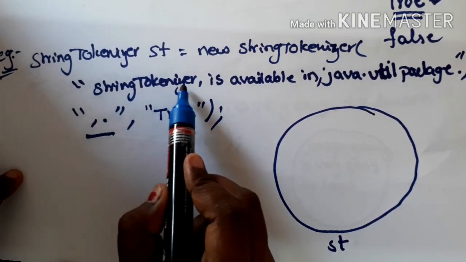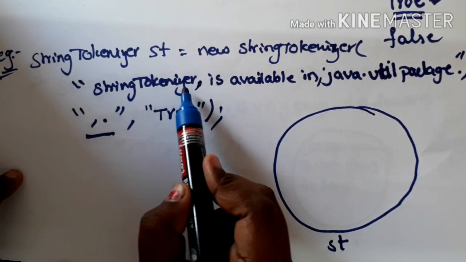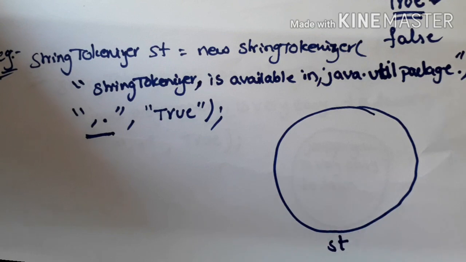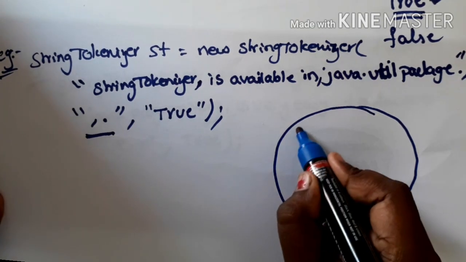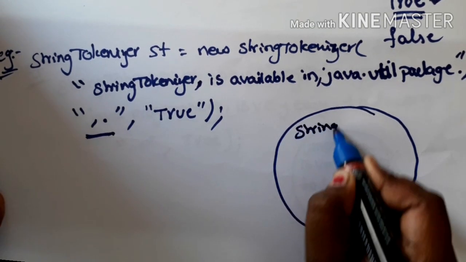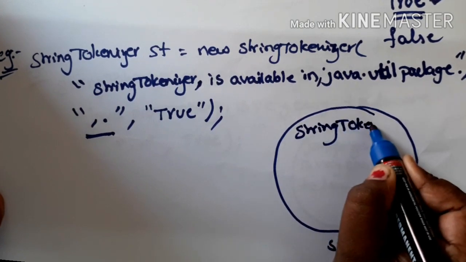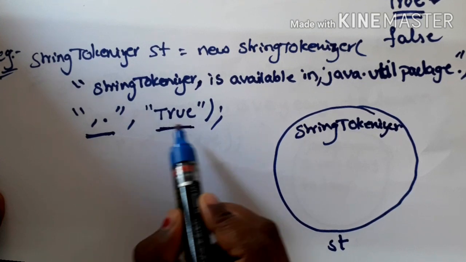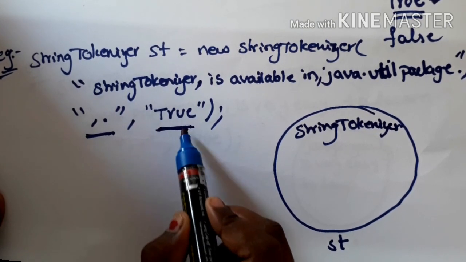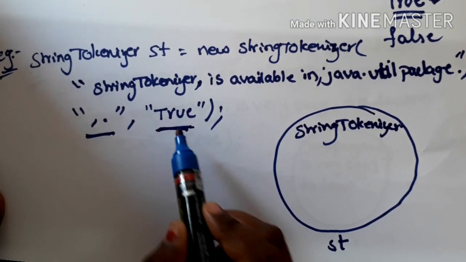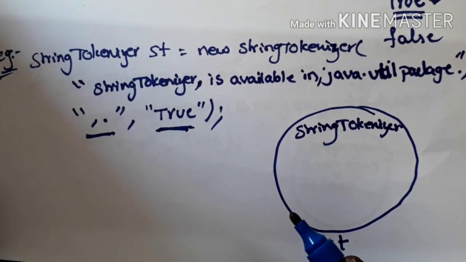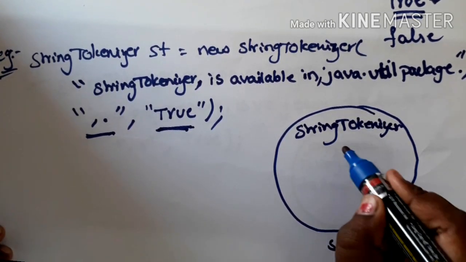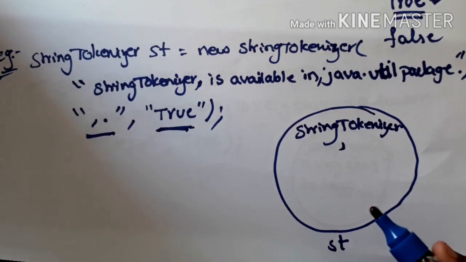So this string will be broken up to the point where it finds these delimiters, right? StringTokenizer, then comma is found, so StringTokenizer will be a separate token. And as delim as token is true, delimiters also will be considered as tokens, so my comma is also a token.